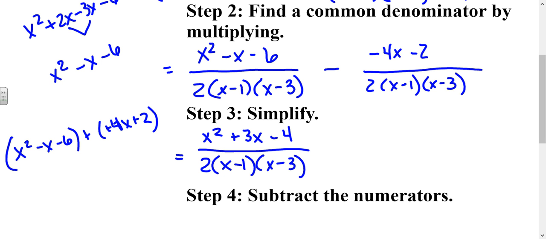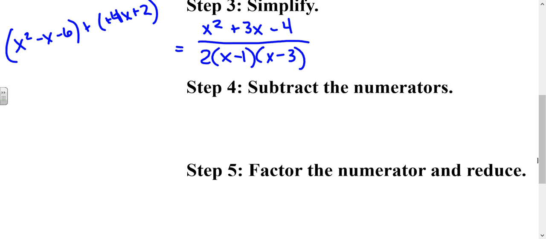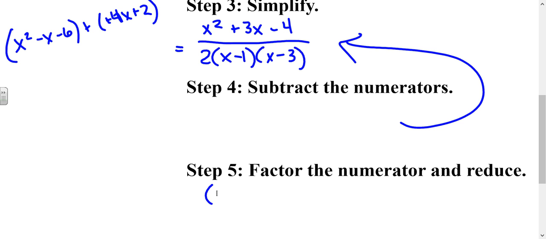Now remember, you can always check to see if you can factor and reduce. So we need to check to see if we can do that. So once we've subtracted the numerators, that's up here. Then I'm going to see if I can factor this. So I need to find factors of negative 4 that add to be 3. Well, that would be negative 1 and positive 4.